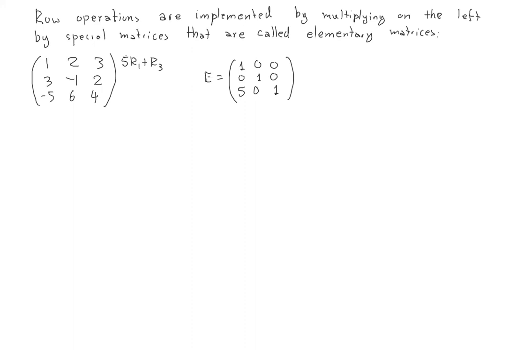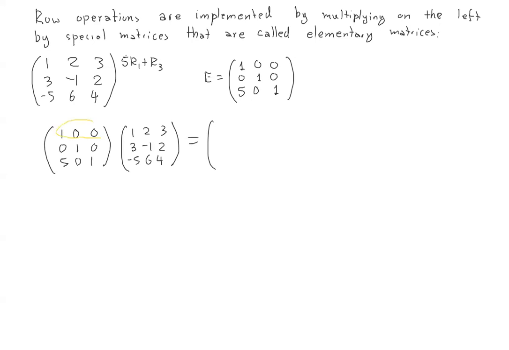Okay, so if I take my original matrix and I multiply by this matrix that I call E, do you see what will happen? So the first row has 1, 0, 0.